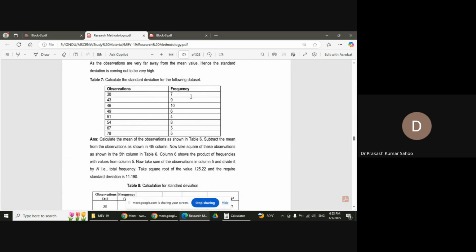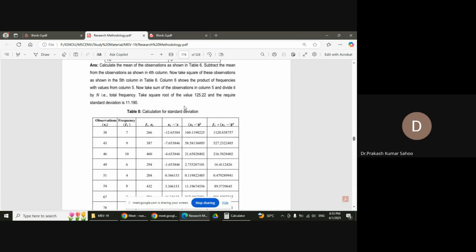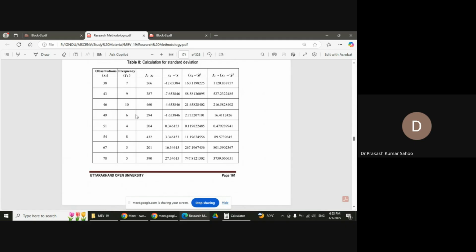If we have data with frequency, then in the same way the data with frequencies are written in a tabulation format. fi xi is calculated, xi minus x bar is calculated the same way, and the next row is not the magnitude, it is the squaring. If it gets squared, then what happens? We have no negative sign, only positive signs.